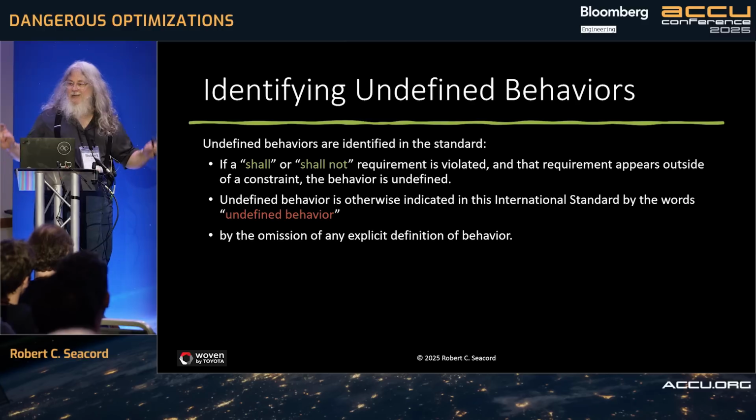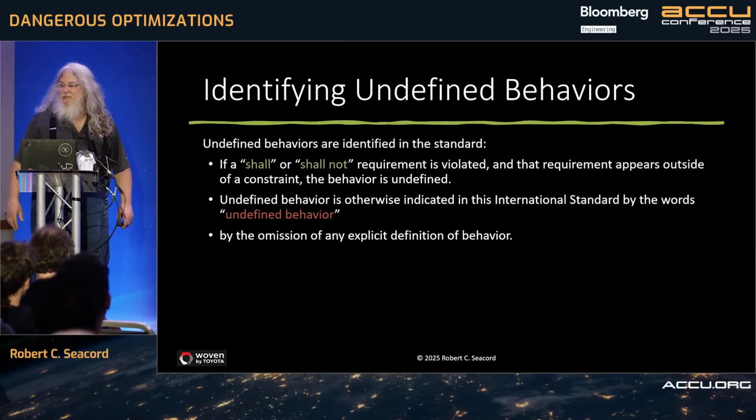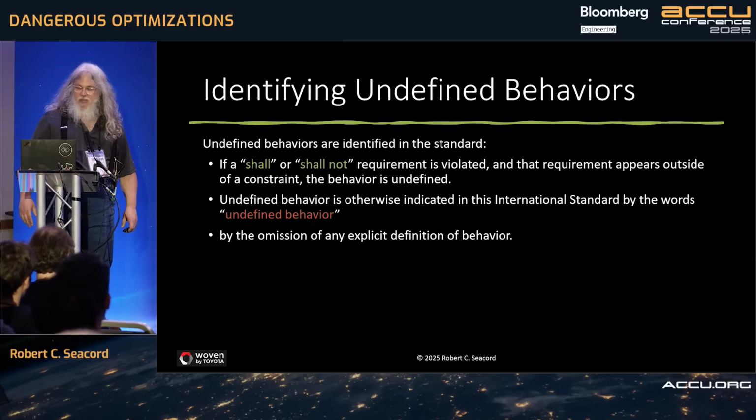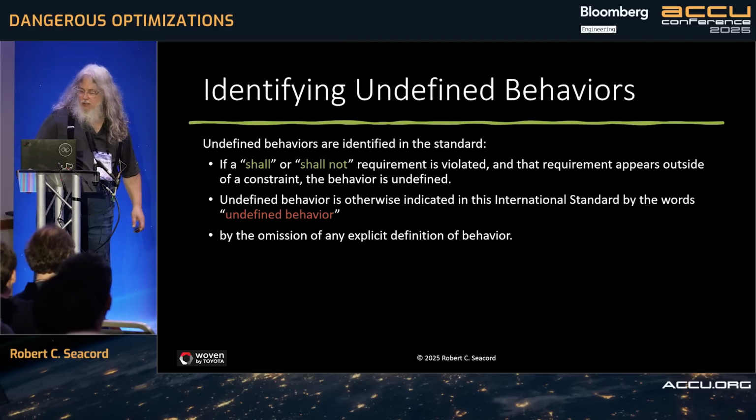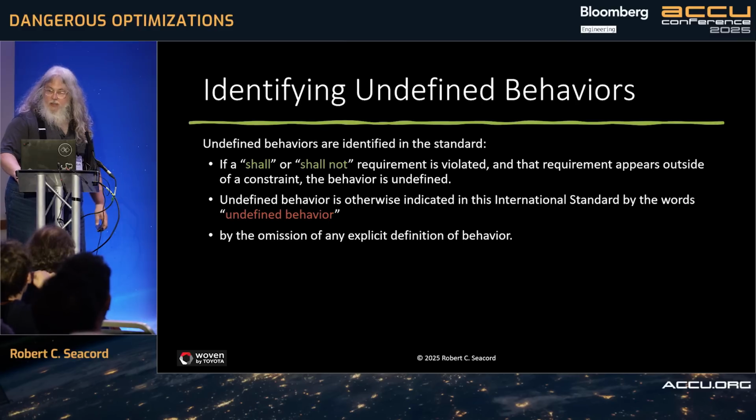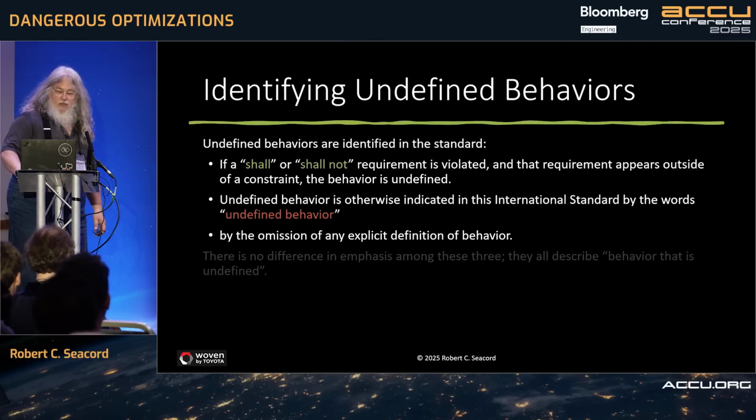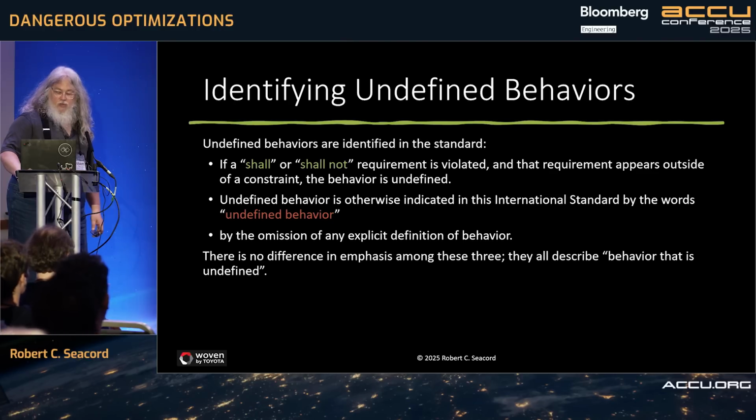That was implicit undefined behavior because we hadn't said it was undefined behavior. When we realized we hadn't said anything about it, we added some text making it explicitly undefined behavior. But there's no difference between any of these categories. No difference in emphasis.